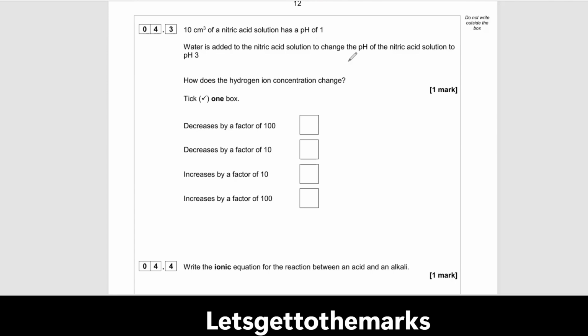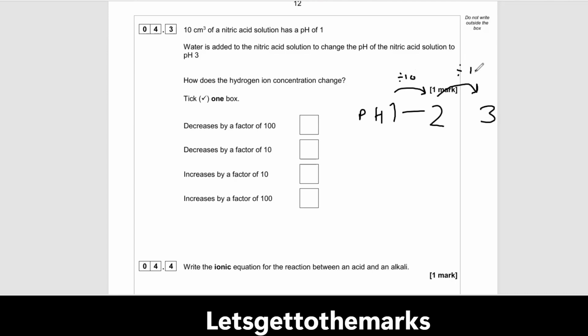So when I go from pH 1 to 2, I actually get 10 times weaker. The concentration gets 10 times weaker. So you divide the concentration by 10 each time you go up.